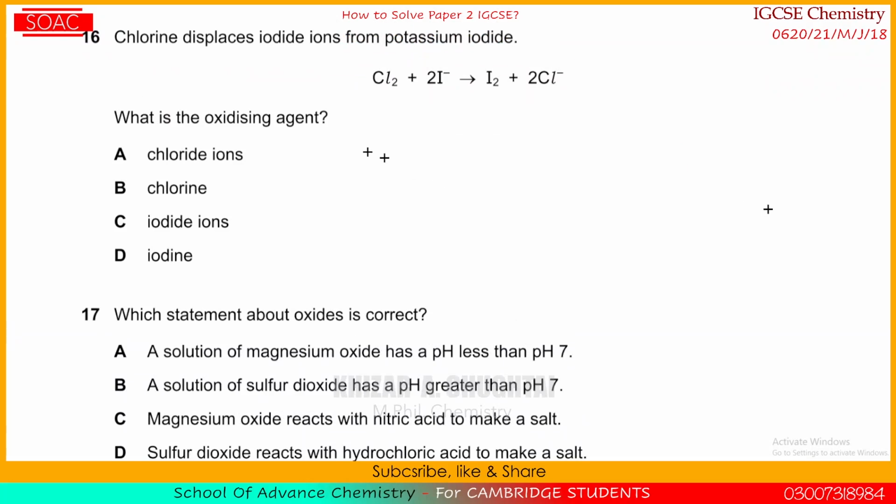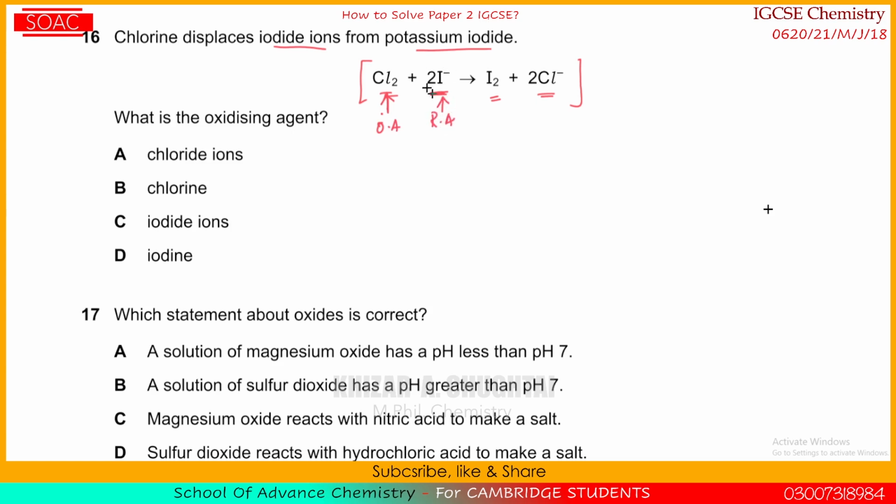Question number 16. Chlorine displaces iodine from potassium iodide. Cl2 plus 2I negative ion goes to I2 plus 2Cl negative ion. What is the oxidizing agent? Basically, in this equation, the pure halogen is the oxidizing agent.